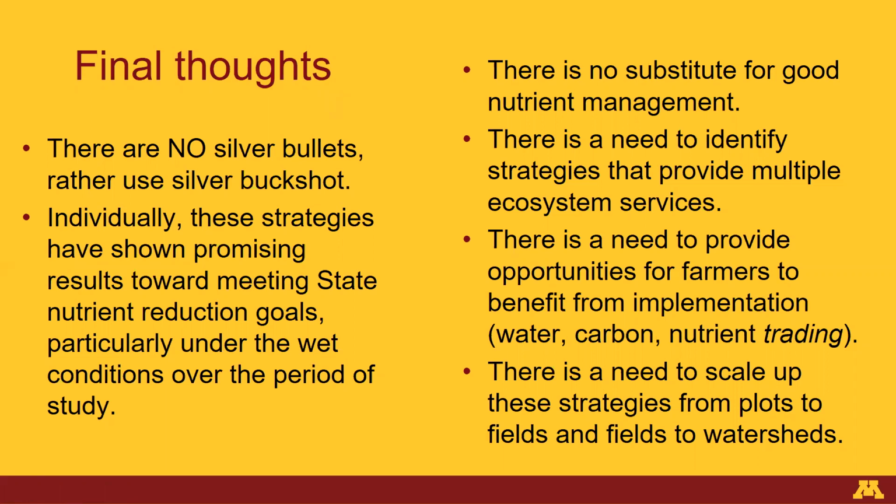There are lots of different practices, and not one of them all by themselves is necessarily going to solve our entire nitrogen problem. Each one of the practices that I've talked about today, and some of the ones that I haven't talked about, for example, cover cropping, they all have some advantages and some disadvantages. They have some challenges, for example. So there are some trade-offs that we need to be thinking about.